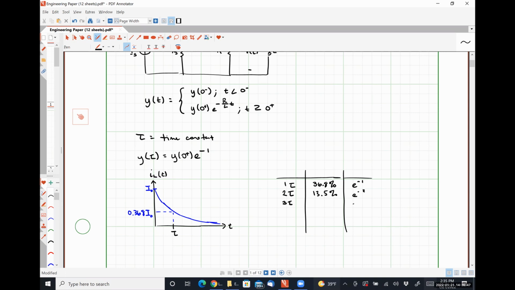And 3 time constants, which is simply e to the negative 3, we have a decrease down to 4.98%. And 4 time constants, which is just e to the minus 4, our signal has decayed down to 1.83%.